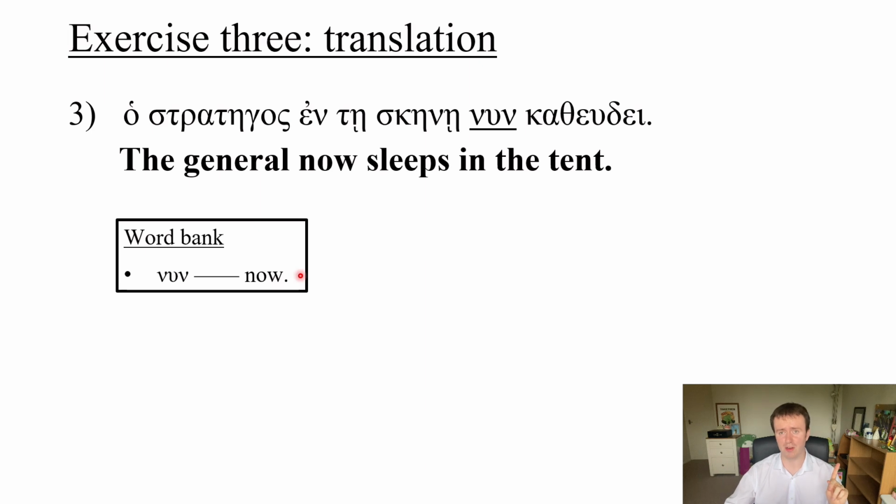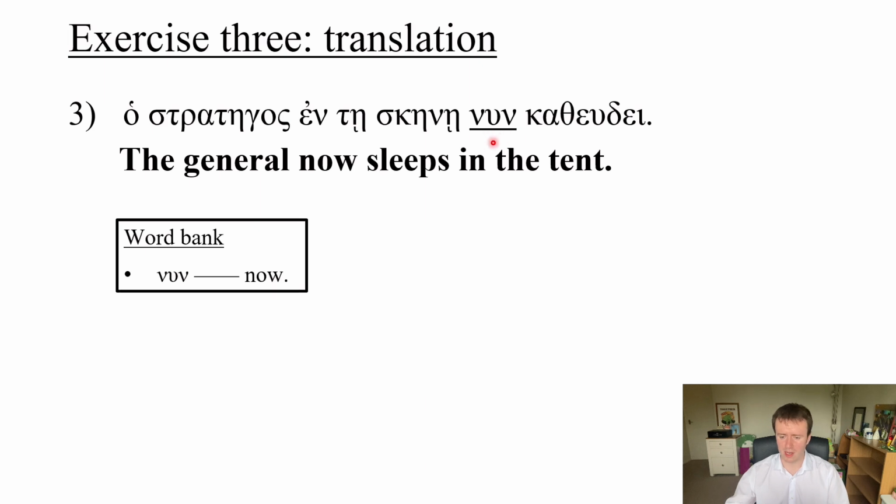Now, bear in mind that the word now in Greek, nun, would have a circumflex above the upsilon, okay? So it would be a long upsilon for that reason. When you're reading a Greek text, the word nun will have a circumflex above it, but as I'm leaving accents out, it is not there right now.